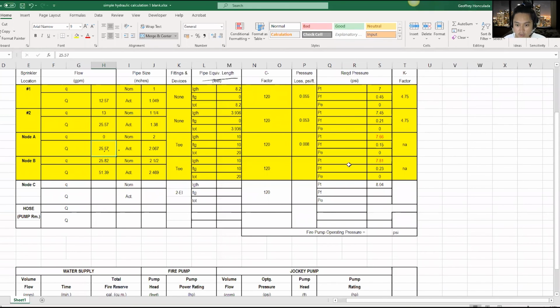This time this is the high pressure line because we want to know how much is this. This is the low pressure line using 25.57 as our flow rate. Or, as I've mentioned earlier, you can also use the 7.81 and 25.82. It will give us a similar answer.